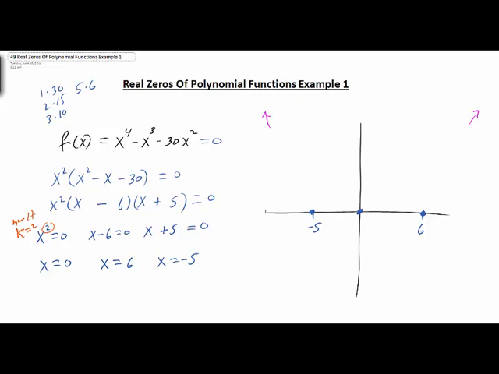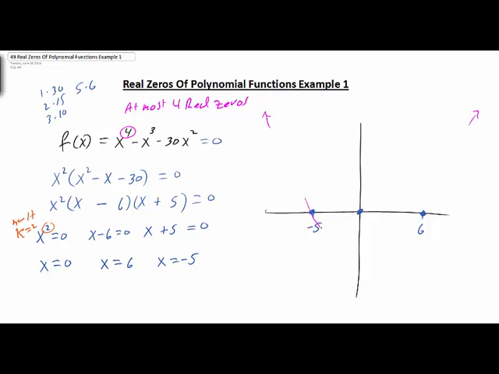And remember, we talked about this being x to the fourth. We would have at most 4 real zeros. That's the most we could have. Well, in this example, we have 3. And we know that our graph is going to come down, and at negative 5 it's going to cross through the x-axis here somewhere.